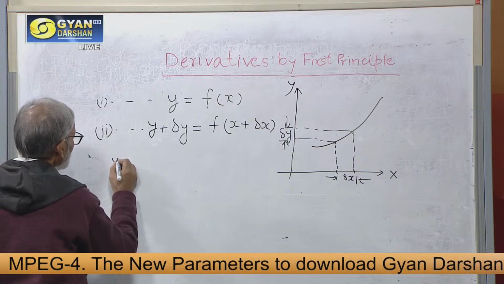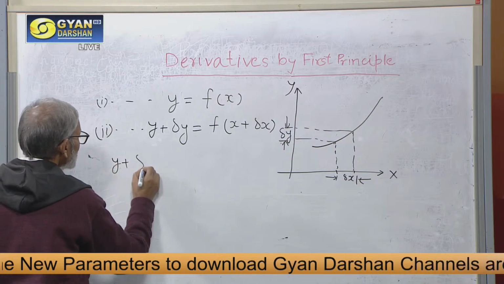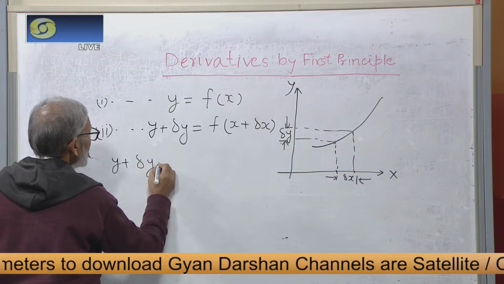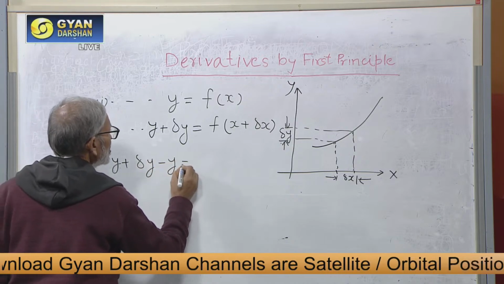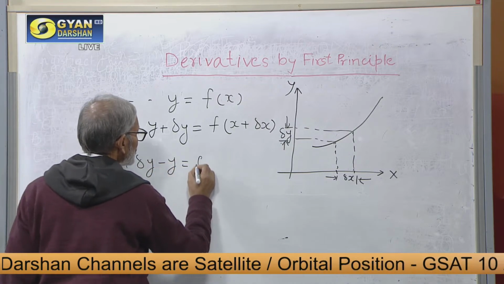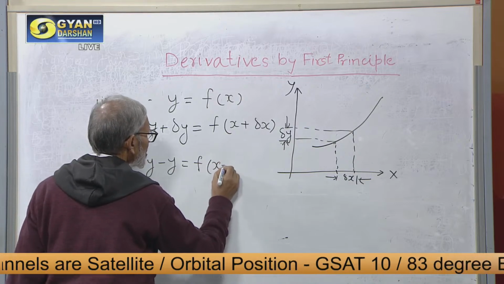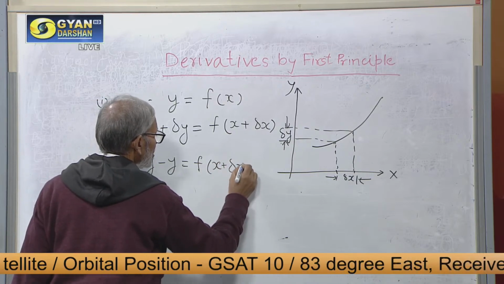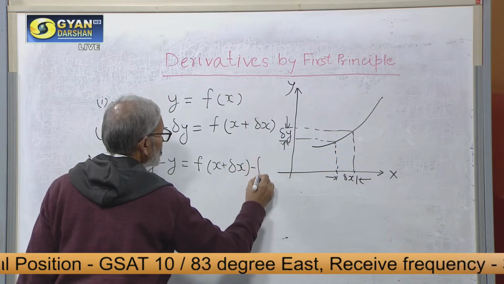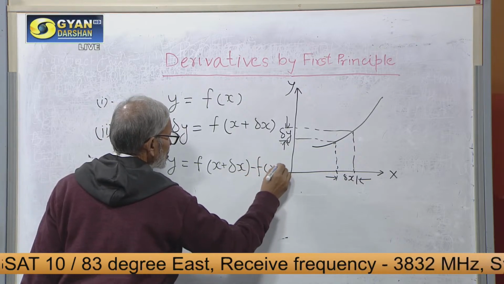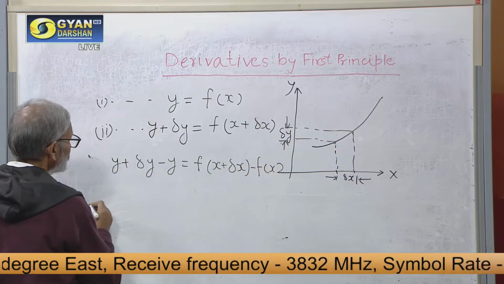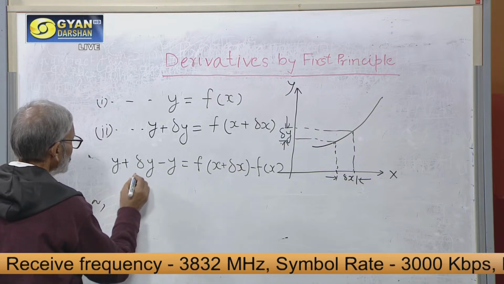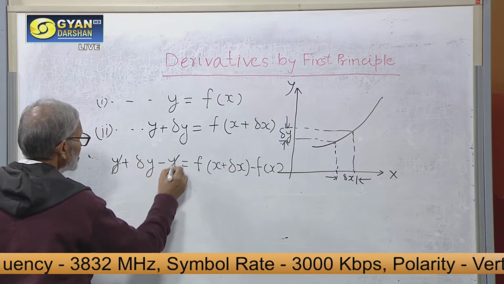So, it will be y plus delta y minus y is equal to f(x plus delta x) minus f(x), where y will be cancelled out.